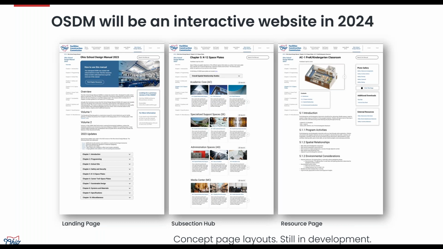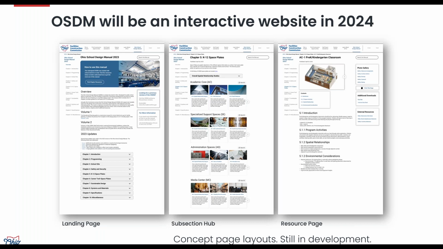The word bracketing used to be used a lot for our program of requirements. That's now programming, and the programming is linked to the new space plates, so everything kind of forms a nice circle of information. And from here, space plates, you would, in theory, be able to click and go to see the space plate for these relevant types of areas.